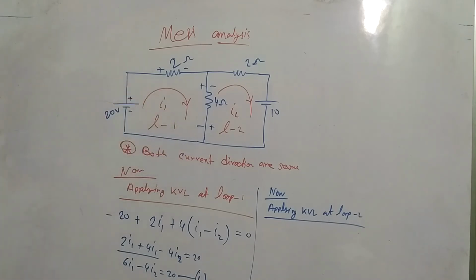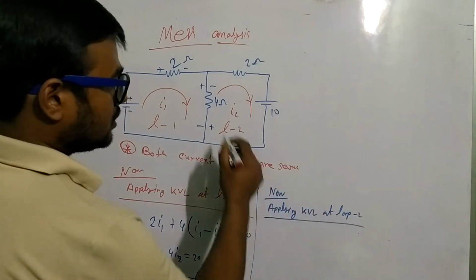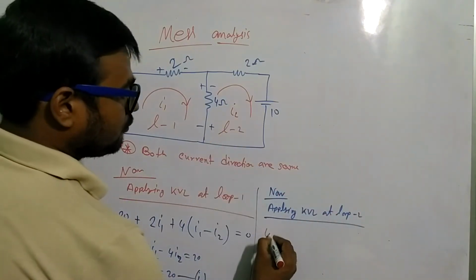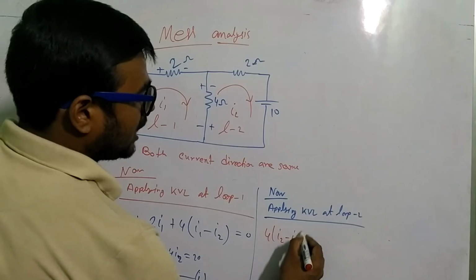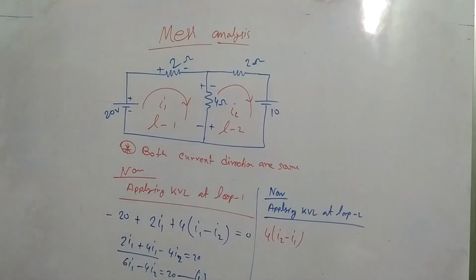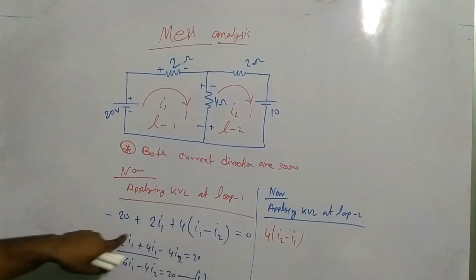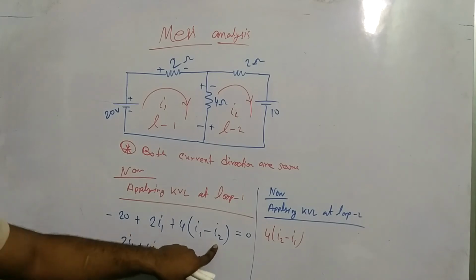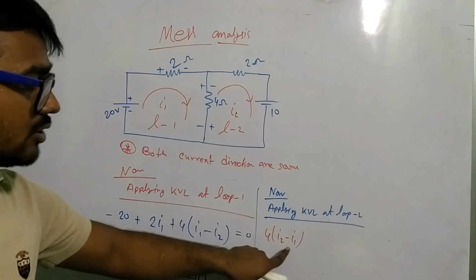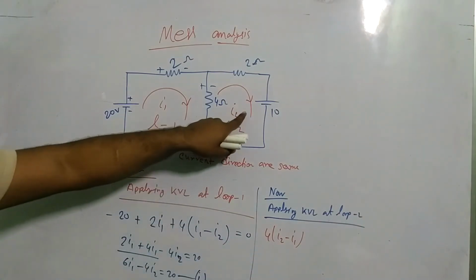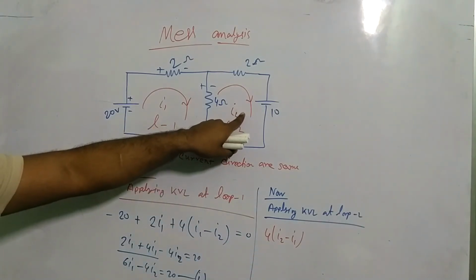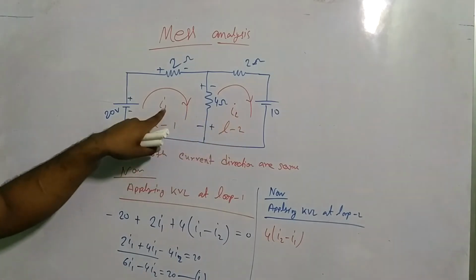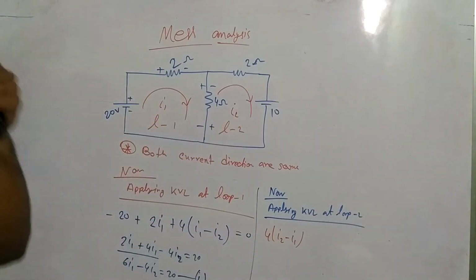So KVL gives 4 into I2 minus I1. In the previous equation we had I1 minus I2, but in this equation it is I2 minus I1, because this loop current is positive and the other is negative.